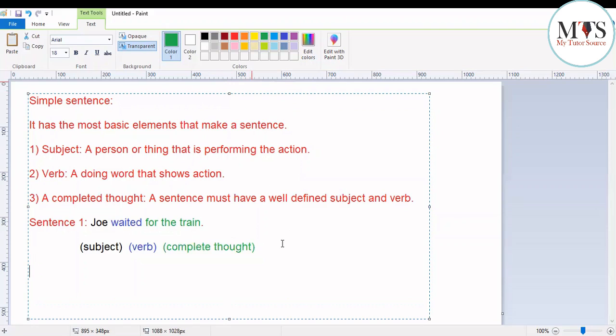Okay, so would you like me to give you some more examples of simple sentences?